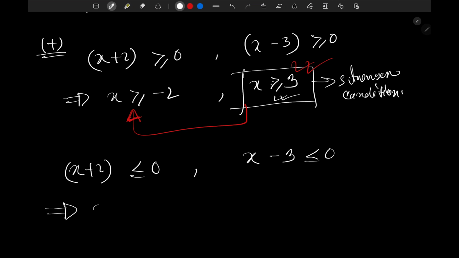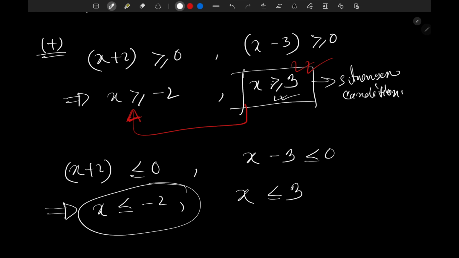And as you can see, this is just x is equal or less than negative 2, or x is equal or less than 3. However, if you take x to be something that is equal or less than negative 2, the condition where x is equal or less than 3 gets satisfied automatically.